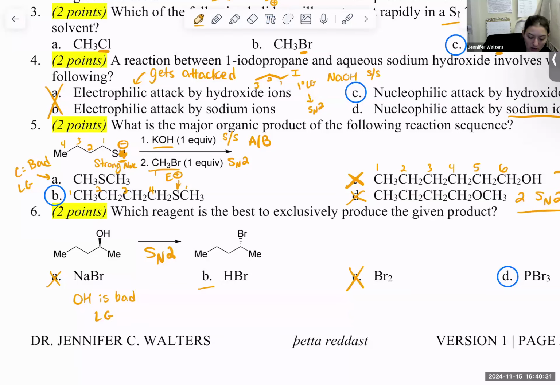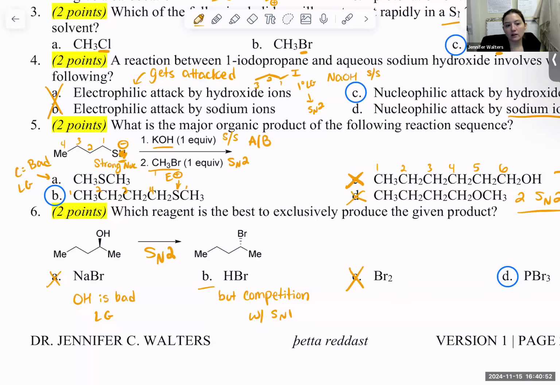The HBr, that can turn it into the desired product, but there is competition with SN1. So being on a secondary carbon, you could also form a carbocation and get racemization.